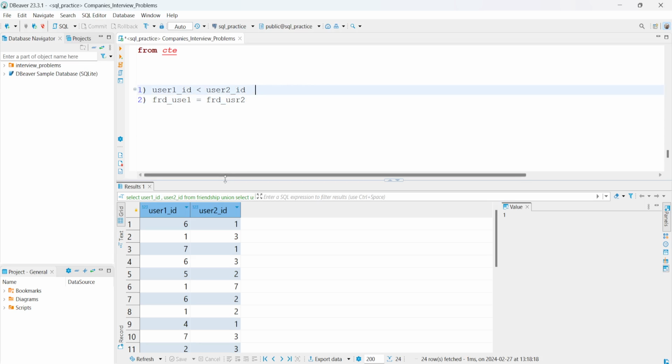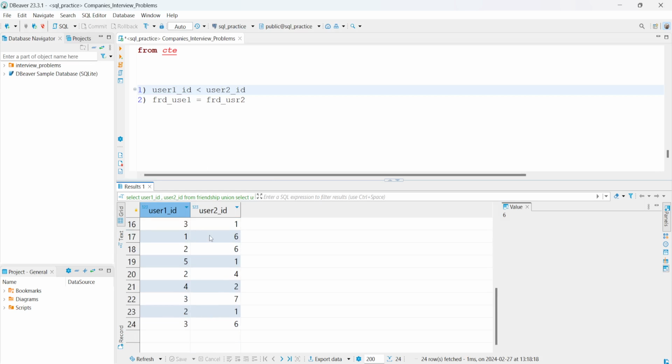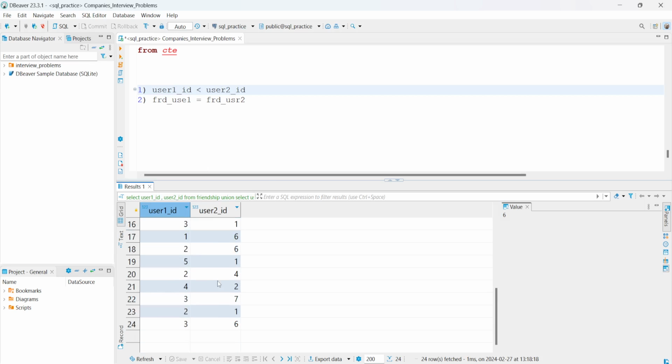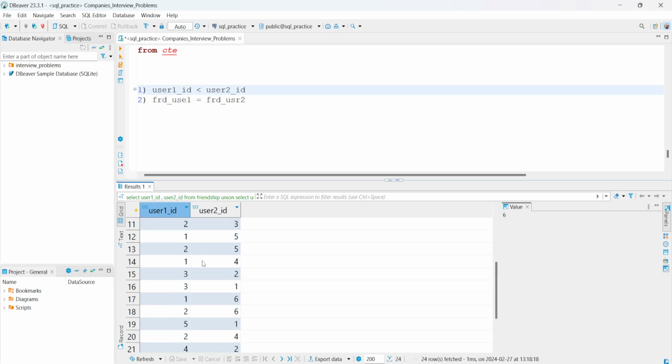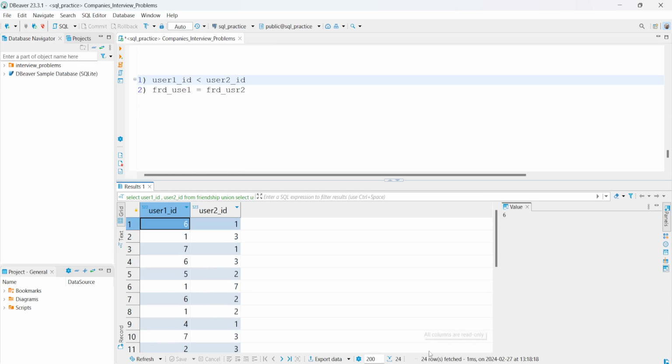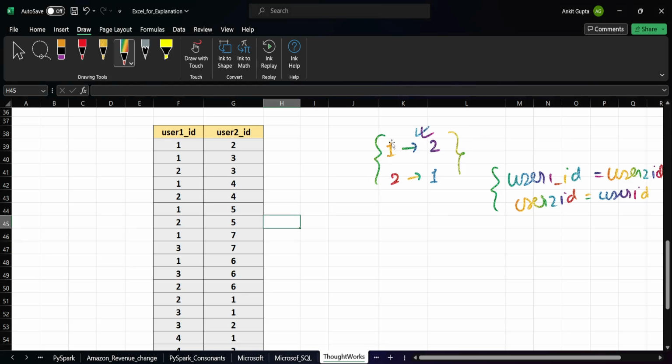So are you getting the flavor of self-join? I think you should. Why? Because we are talking about two different tables, and since we don't have two different tables, we have only one table, we can make this table a second table. We can have a self-join, right? So this is what I'm trying to say.